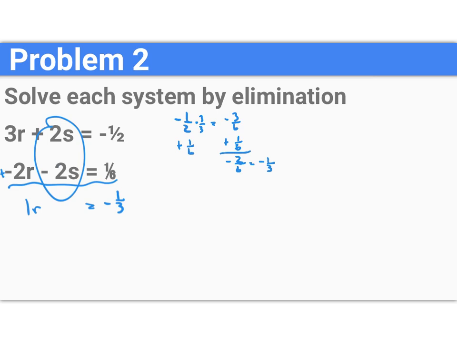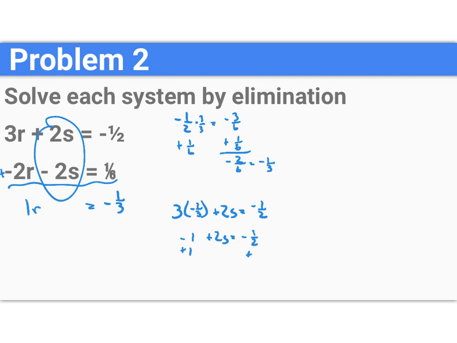So now what we got to do is stick this into both equations. So 3 times negative 1/3 plus 2s equals negative 1/2. So 3 times negative 1/3 is negative 1 plus 2s equals negative 1/2.